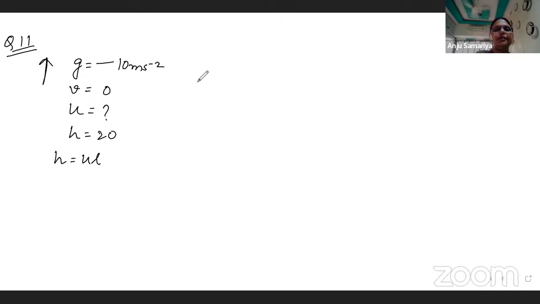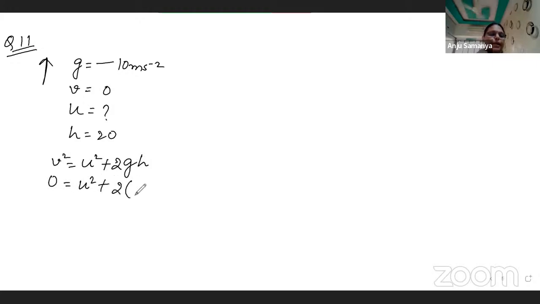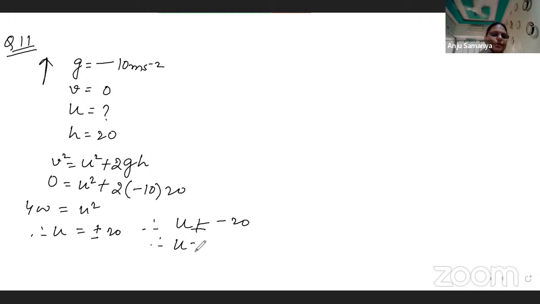We don't have T. V is 0, we do not know U. So it is 2 into minus 10 into 20. So it becomes 400 is equal to U square. Therefore U is equal to plus or minus 20, and U cannot be minus 20. Therefore U is equal to 20 meter per second.